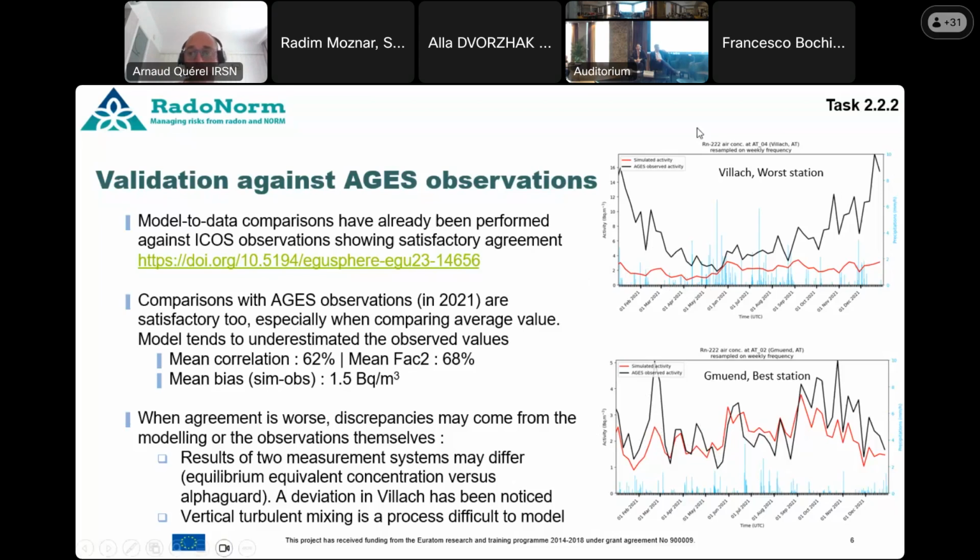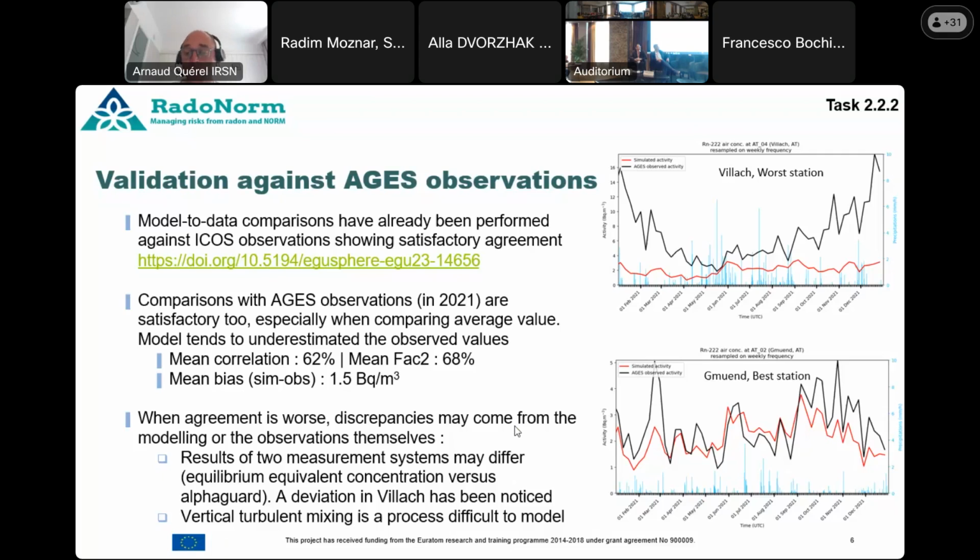For this particular station, we have some explanation about the technology of the station, and it seems that our model cannot well represent the measured radon air concentration, mainly due to the equilibrium equivalent concentration hypothesis of the measurement.